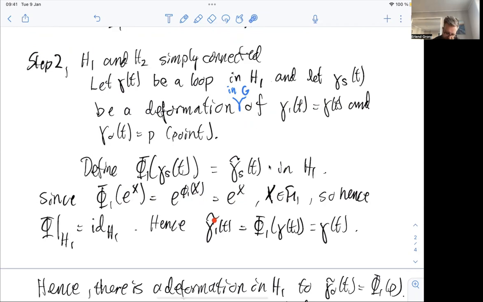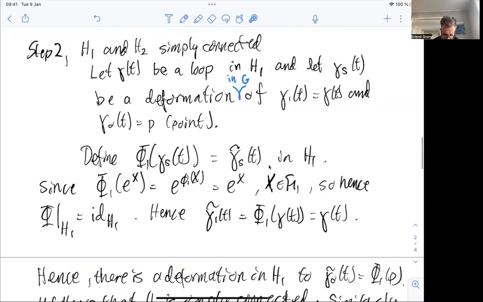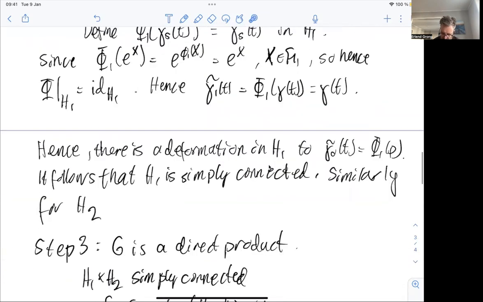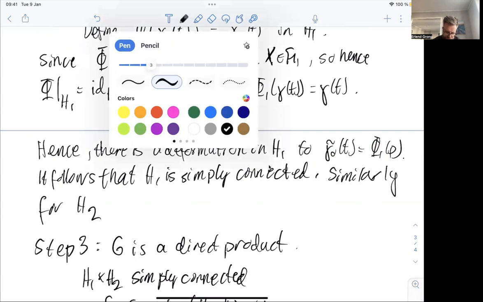And so this means that the image of the curve under phi1 is still gamma of t. So it's the deformation of the same curve to the point phi1 of p. That means that we have a deformation inside of H1 of the original curve gamma of t to a single point. And so that means that H1 is simply connected. And similarly, we can do the proof for H2.